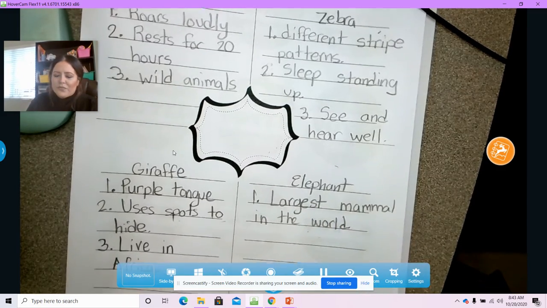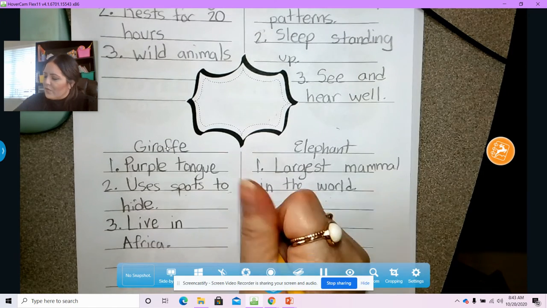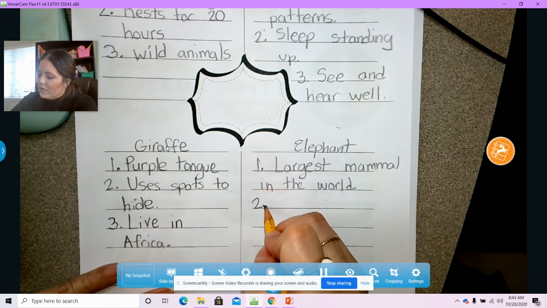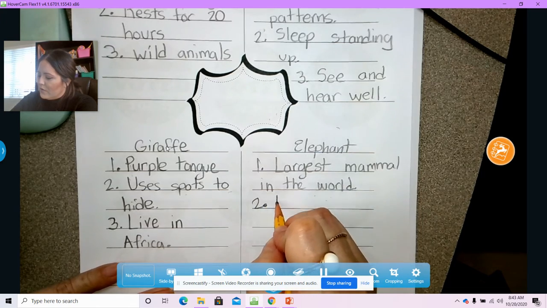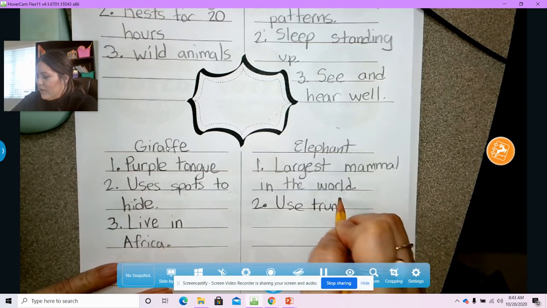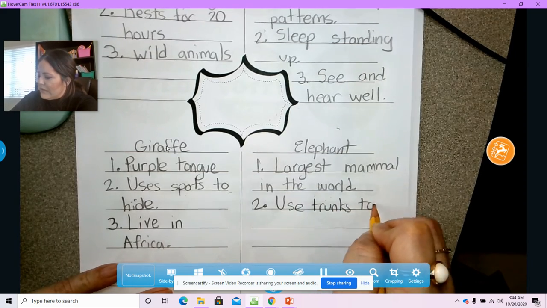Okay. They use their trunks for water. They use their trunks to dig.